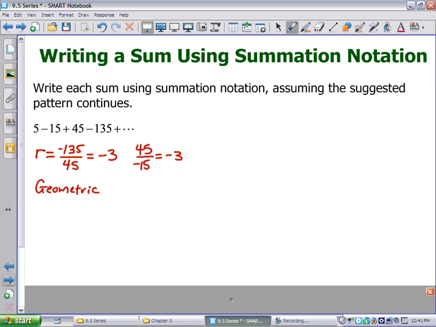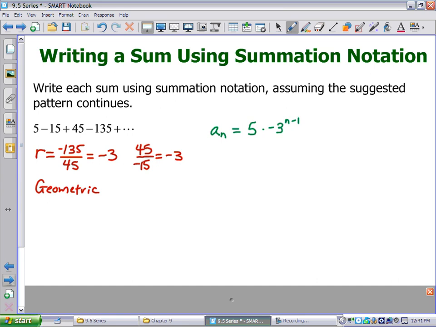All right, well, we have to write our a sub n formula, and we know from section 9.4, a sub n is equal to your a sub 1, which is your first term, and our first term here is 5, times your r, and our r is negative 3, raised to the power of n minus 1.